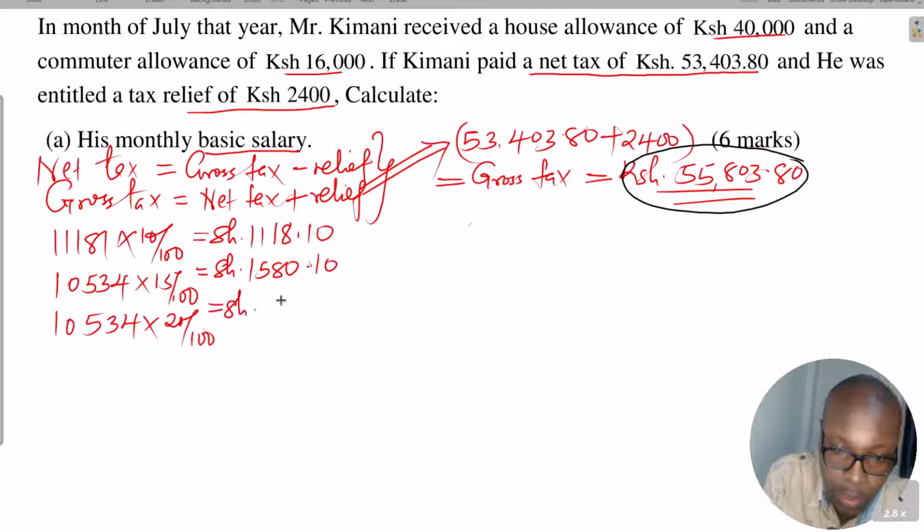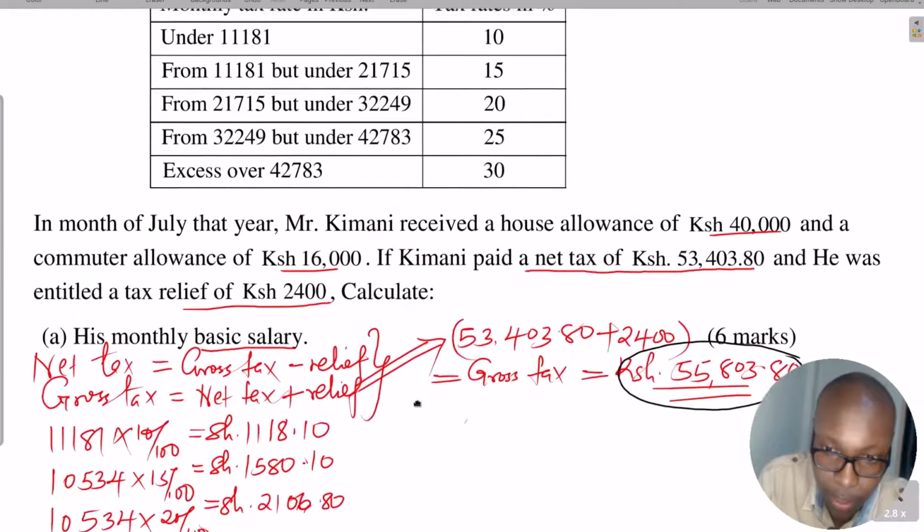This will give a tax of 10,534 multiplied by 0.2, which is 2106 and 80 cents. So it's still very far from getting this figure, 55,803 and 80 cents. So we can proceed. Seems we're going through all the bands.